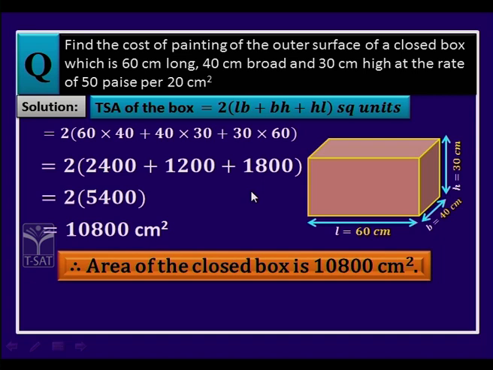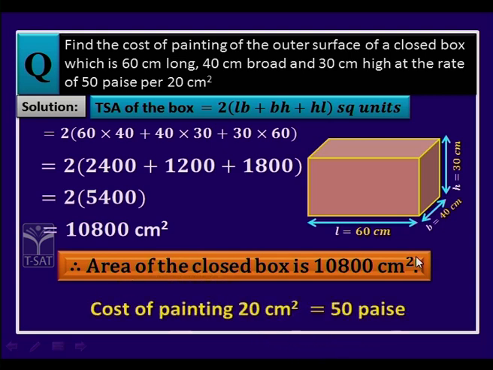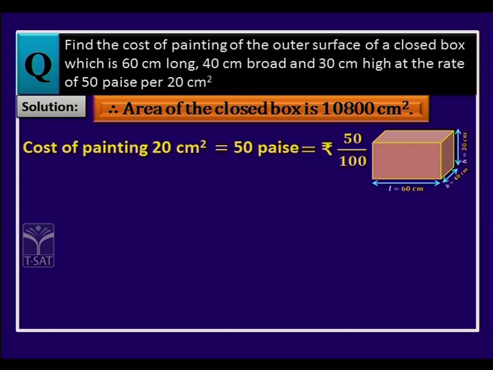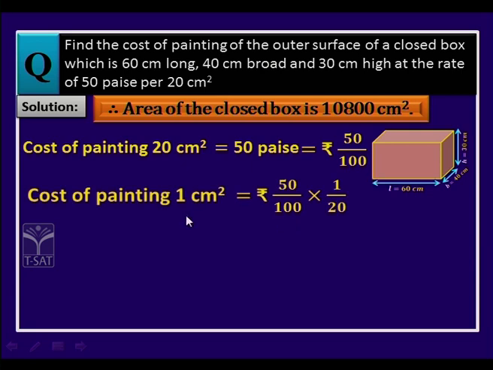But is the problem over, children? No. Here we need to calculate the cost of painting. We just calculated the area, and this much area has to be painted. What is the given cost of painting? It is given as 50 paise per 20 centimeter square. Now, 50 paise can be written as 50 by 100 rupees. What will be the cost of painting per 1 centimeter square?